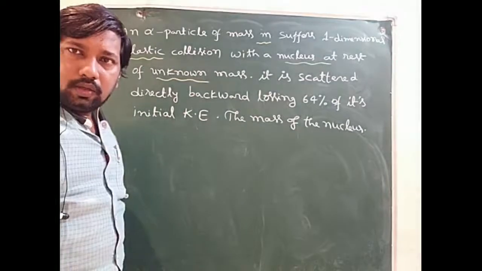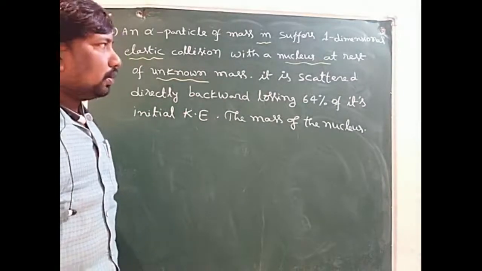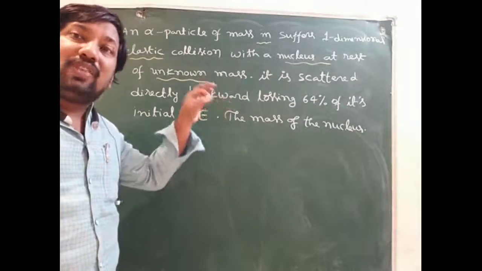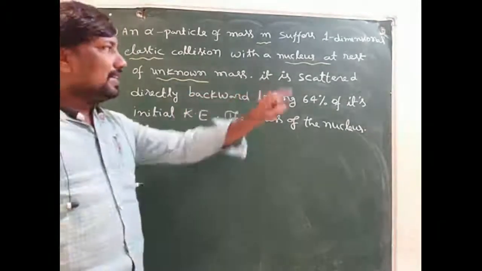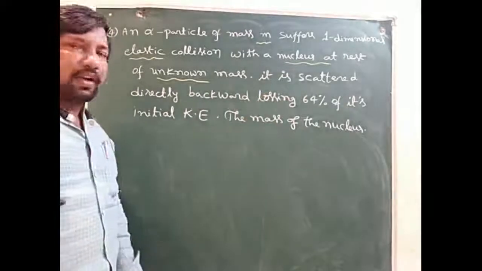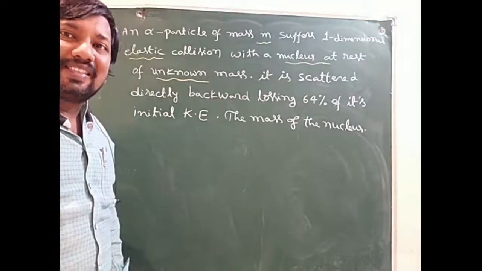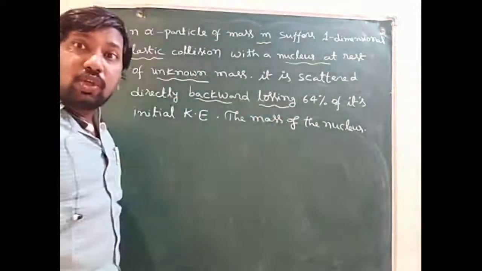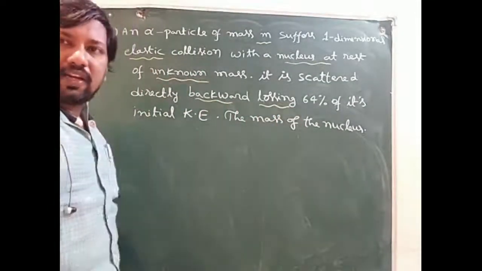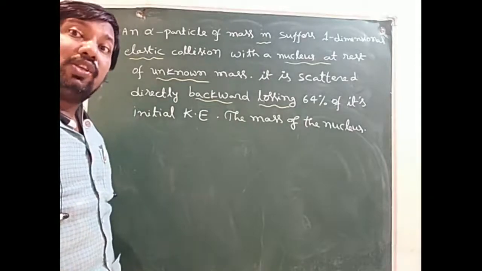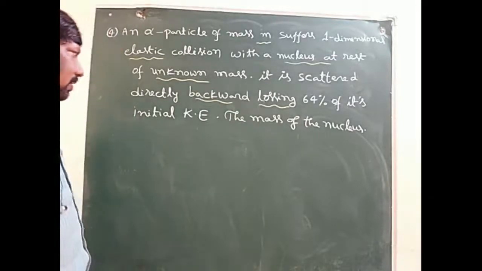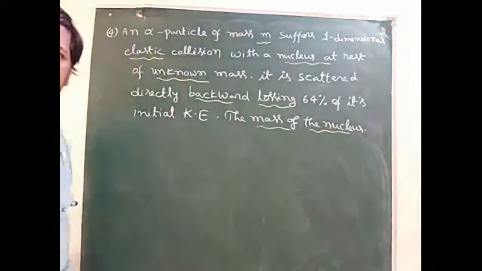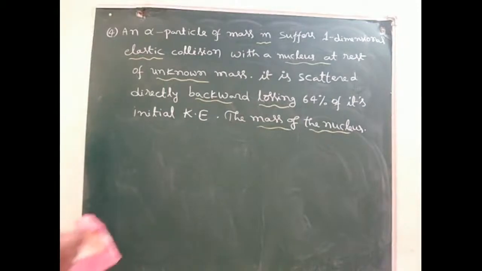It is scattered directly backward, losing 64% of its initial kinetic energy. Then what is the mass of the nucleus? So we can solve this problem.